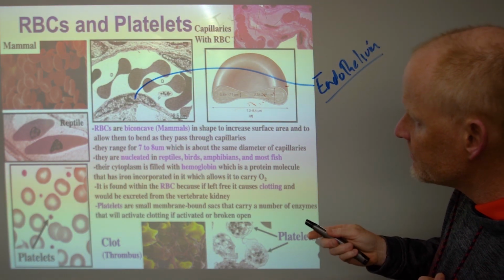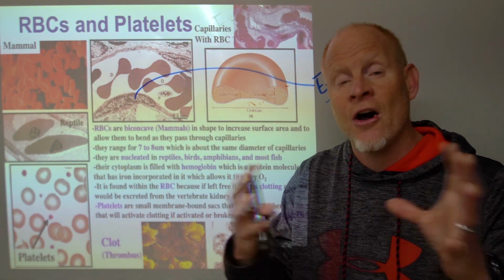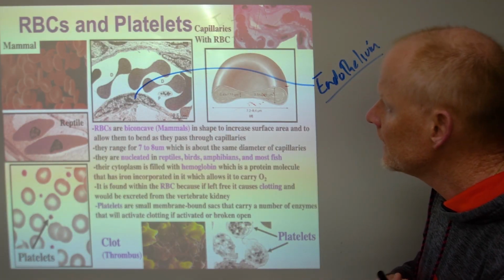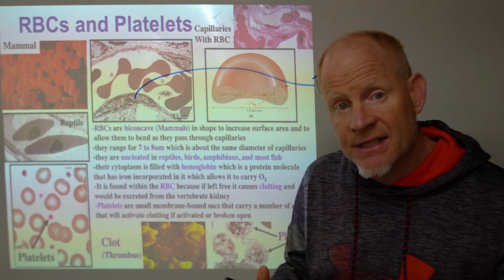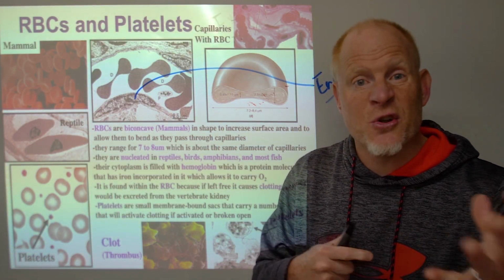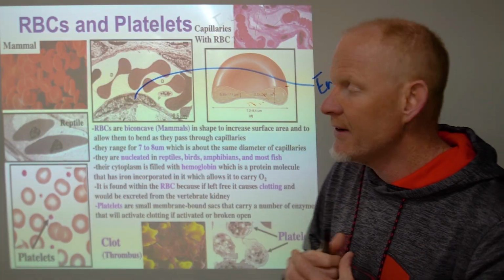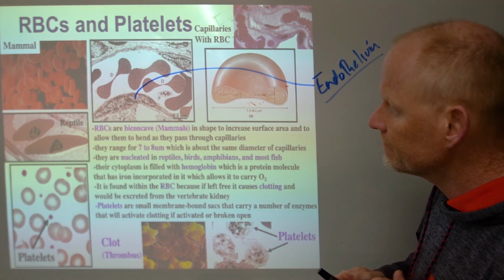It is smooth and a simple squamous epithelium, and it lines all the blood vessels and the chambers of the heart. It is involved with a lot of blood physiology, immunity, clotting, vasodilation, and control of how much blood can enter and leave capillaries. So it's a major player physiologically.